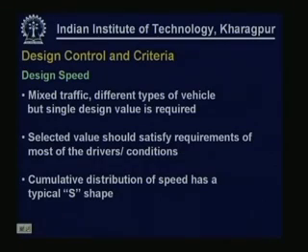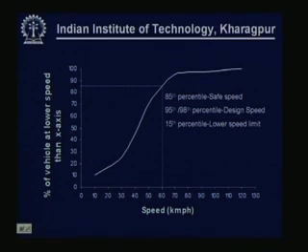Let us look at the cumulative distribution of speed, which is a typical S curve. This is the speed shown in the x axis, and the y axis shows the percentage of vehicles at lower speed than whatever is indicated in the x axis. So, this is a typical S curve what is normally obtained if we take spot speed distribution.